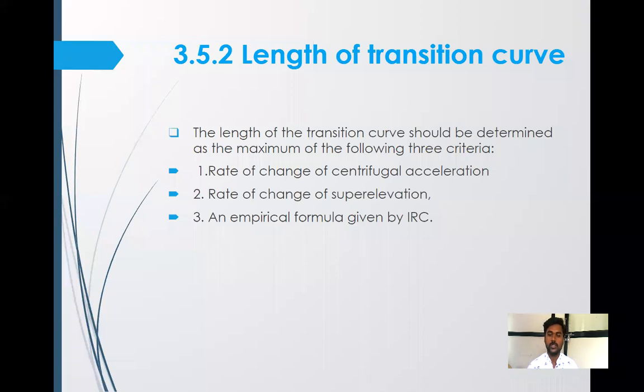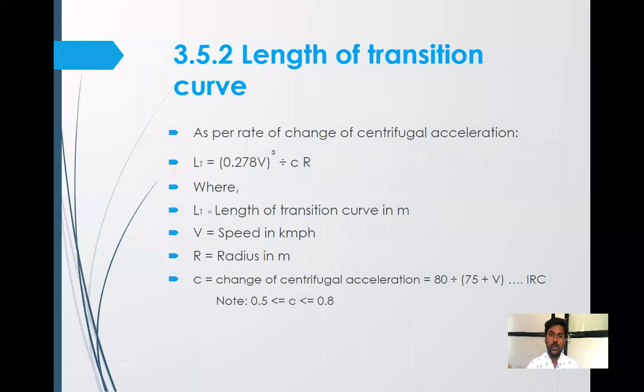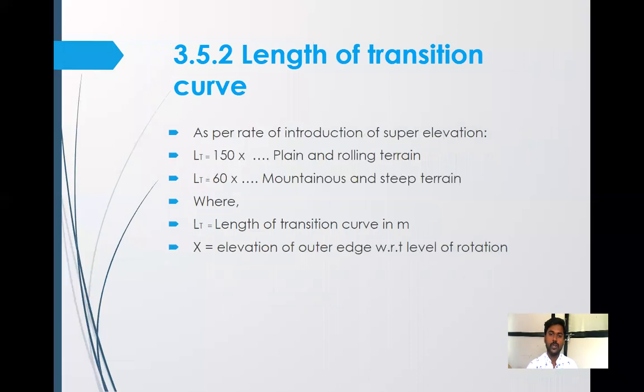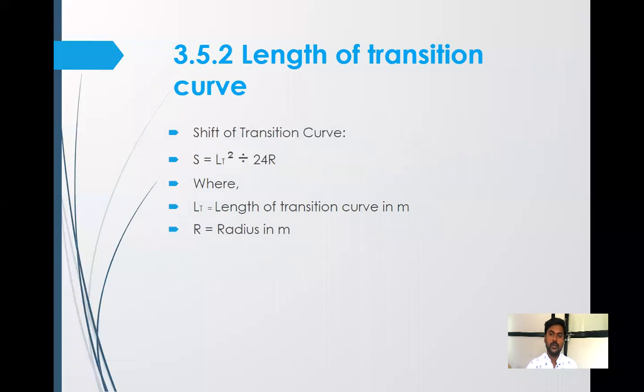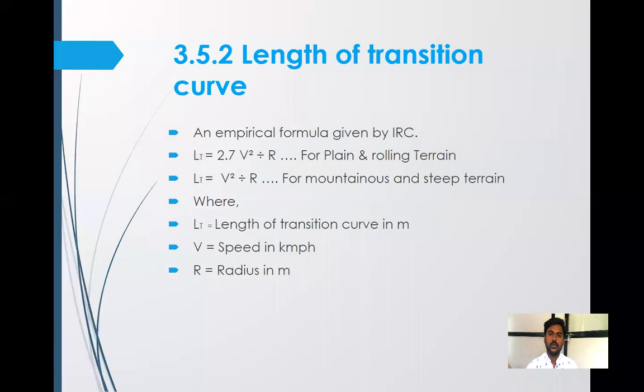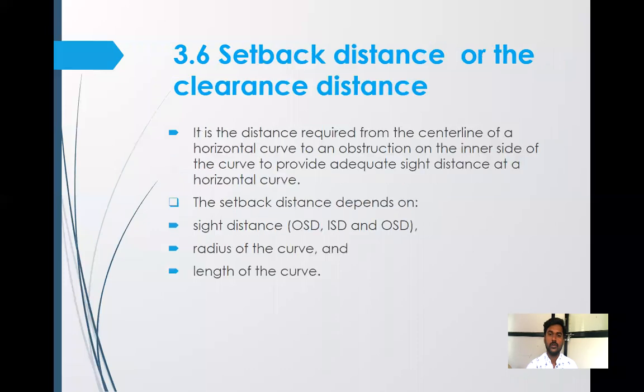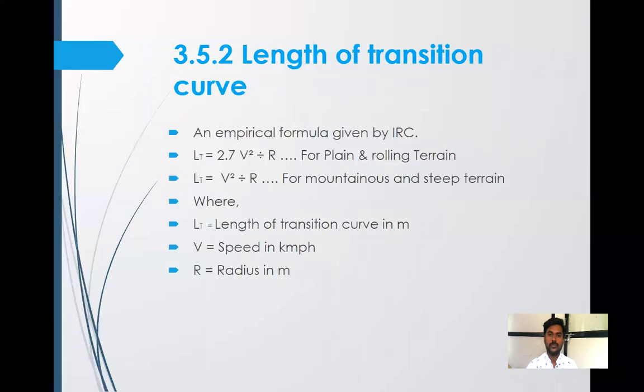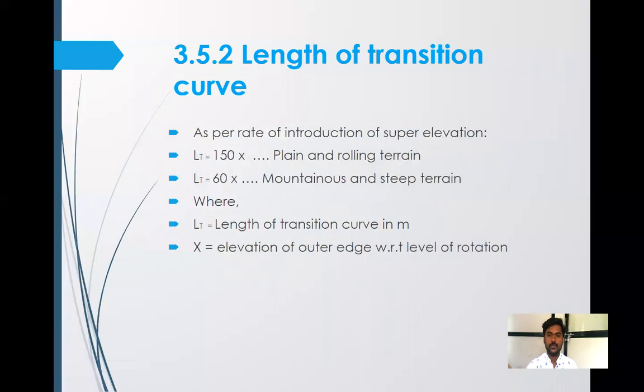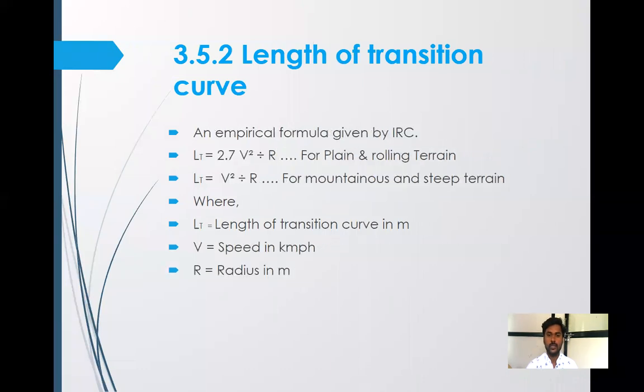Okay, out of these three. So we have seen the first formula, and we have written this formula. First, second, and I think we have come to this point. We have written the empirical formulae as well.